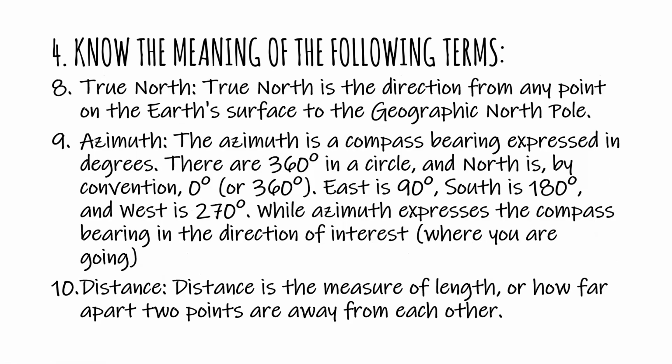When you measure all the degrees in a circle, the full loop is going to be 360. And north is, by convention, 0, right? So east is going to be 90 degrees, south is going to be 180, and west is going to be 270. The azimuth expresses the compass bearing in the direction of interest, where you are going.